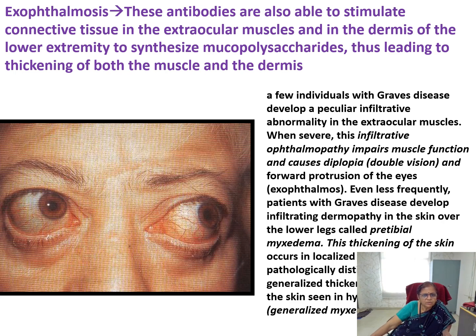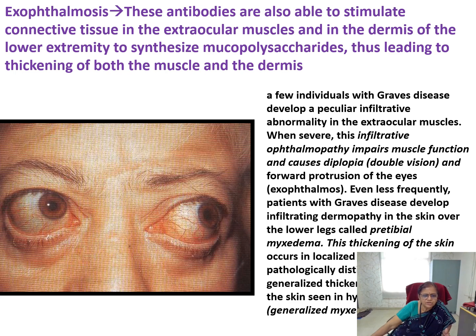But this is an autoimmune disease where B lymphocytes start producing antibodies against our own thyroid hormone receptor cells. They are also able to stimulate connective tissue in the extraocular muscles.